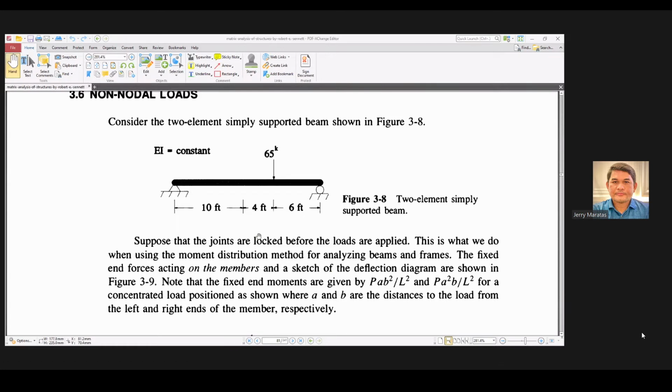Why not just consider this principle of the non-nodal forces or loads, just like what we have discussed for one-dimensional bars? There are cases also where the loads are not applied at the nodes, so you have to treat that as a non-nodal load.